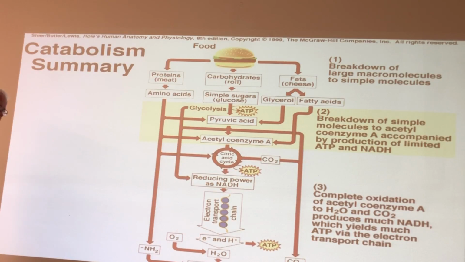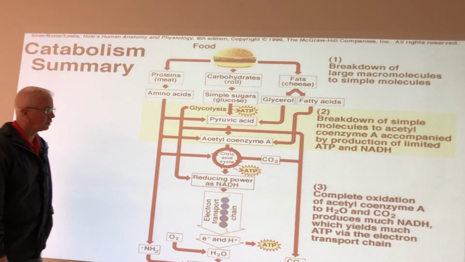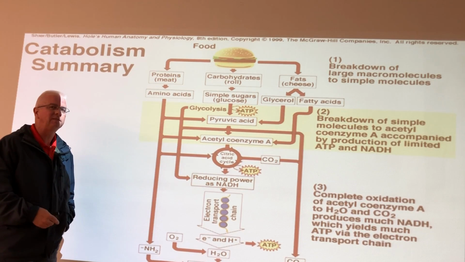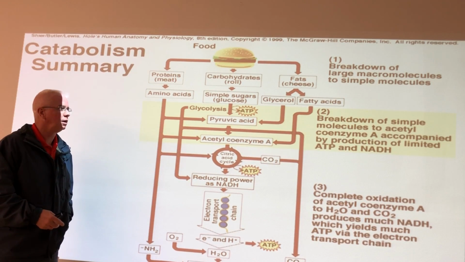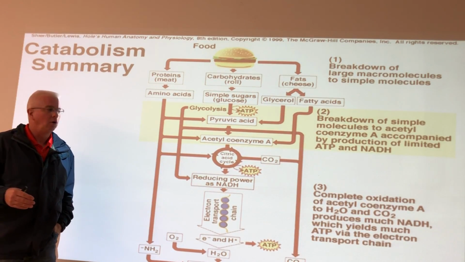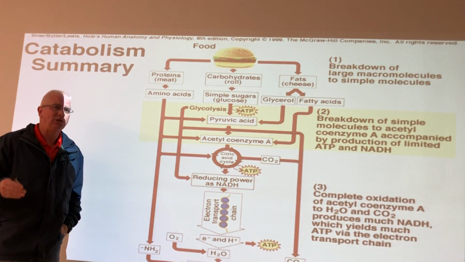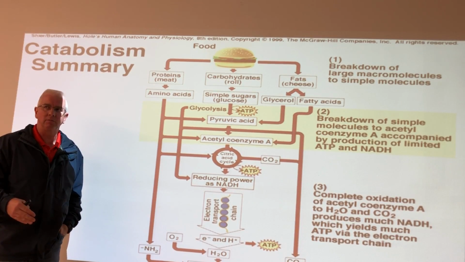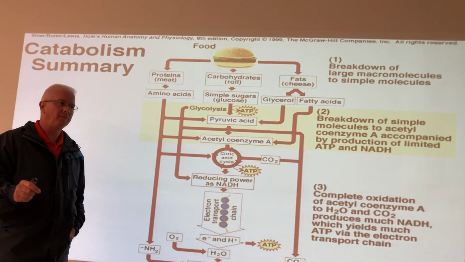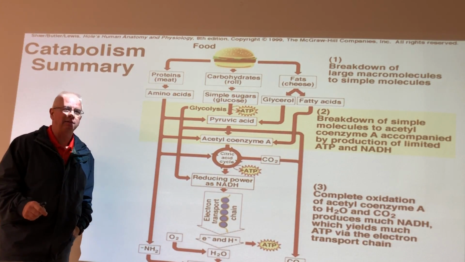So we did that. Now I want to use this to summarize again where the energy is, and then we're going to start through it. All right. Let's use this picture to put in your notes an outline for the major steps of energy production. This will help you remember it, okay? Let's put as step 1, glycolysis.